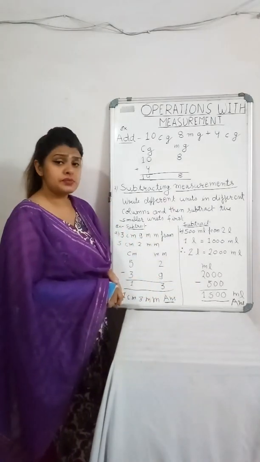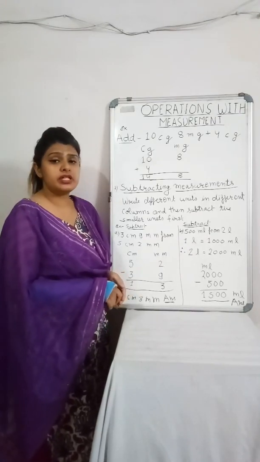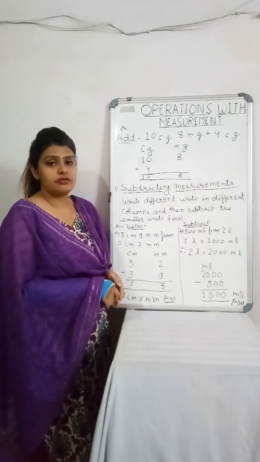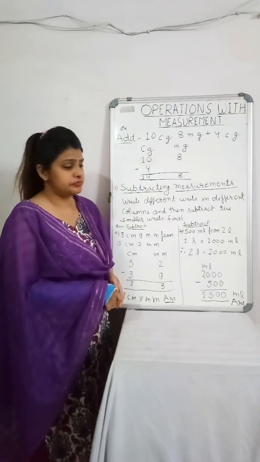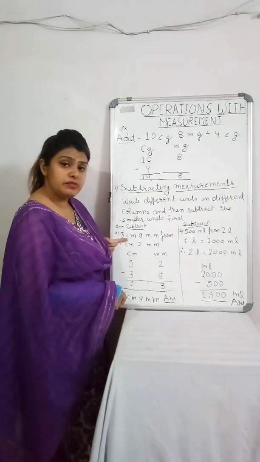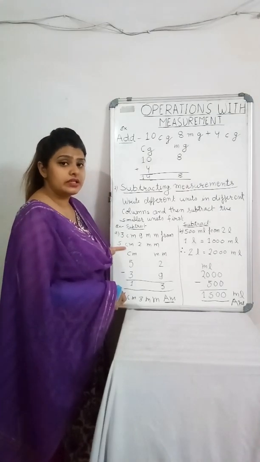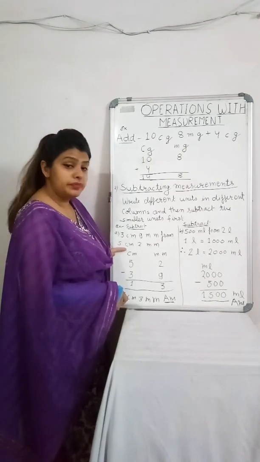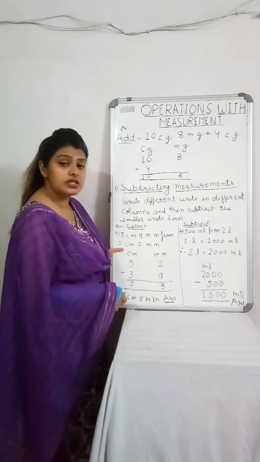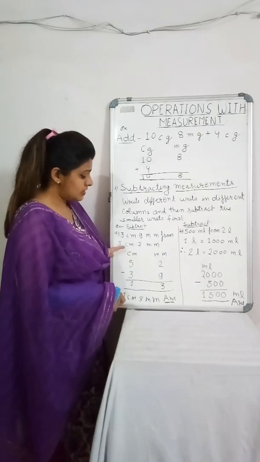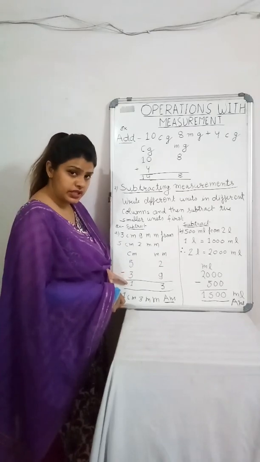Example, subtract 3 centimeters 9 millimeters from 5 centimeters 2 millimeters. First, we will see which unit is greater. Here you can see 3 centimeters, and in the next one 5 centimeters. When we compare centimeters with centimeters, we find that 5 centimeters is greater. So first we will write 5 in the centimeters column, and then we will write 3.